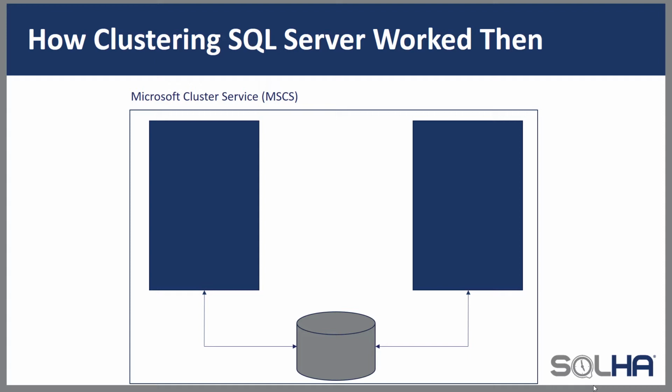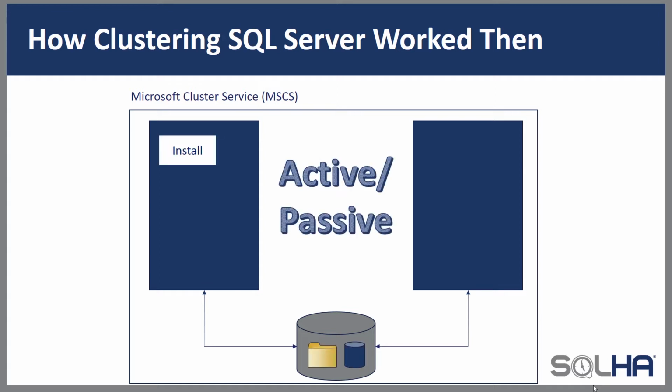So when we wanted to cluster SQL Server 6.5 or 7, we would do an installation. We'd put the binaries as well as the data, log, backups, all that stuff on the shared disk, and that's how we derived active passive. Totally makes sense, completely appropriate at that point.